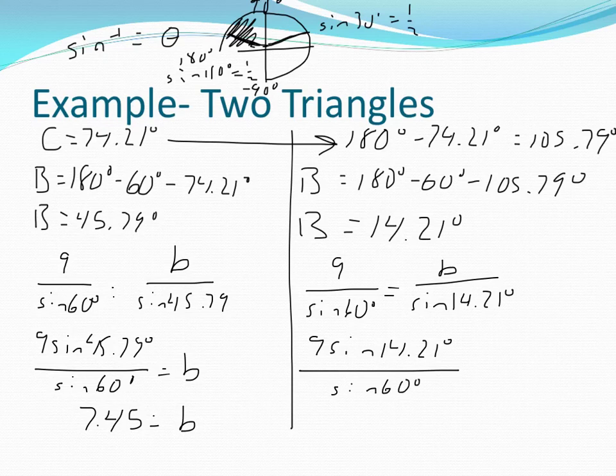Since the angle is smaller, the side should be smaller, and we do get that. 2.55 units is the other possibility for side B. So, given angle A of 60 degrees, side C of 10, side A of 9, there are two different triangles that have those same measurements, and these answers show those two different triangles.